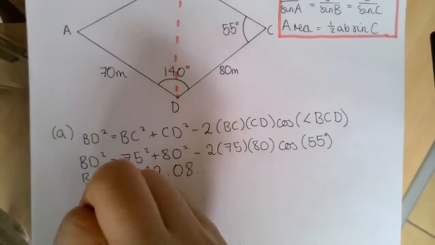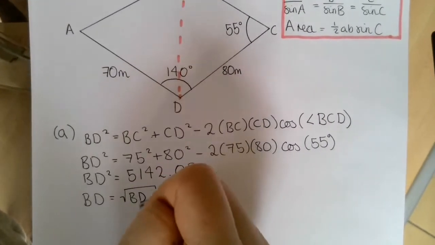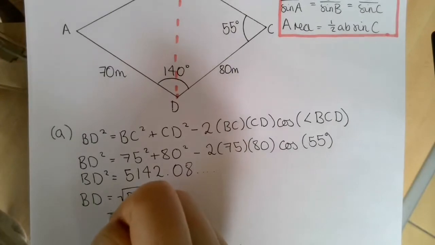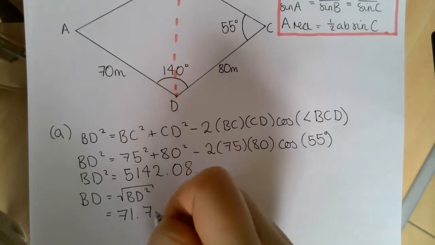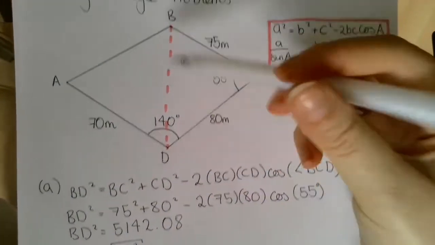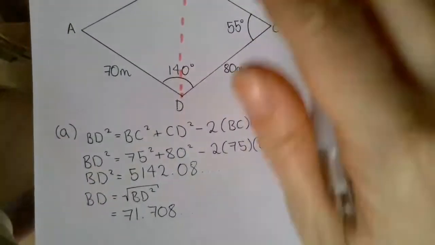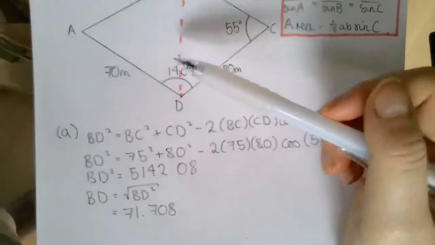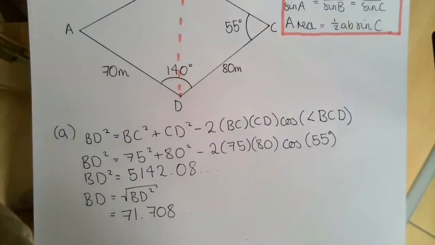I'm going to then square root that, so the square root of BD squared, and I get 71.708 and so on. So I've found a length for BD. I now need to find the angle ADB in order to find that length AB.